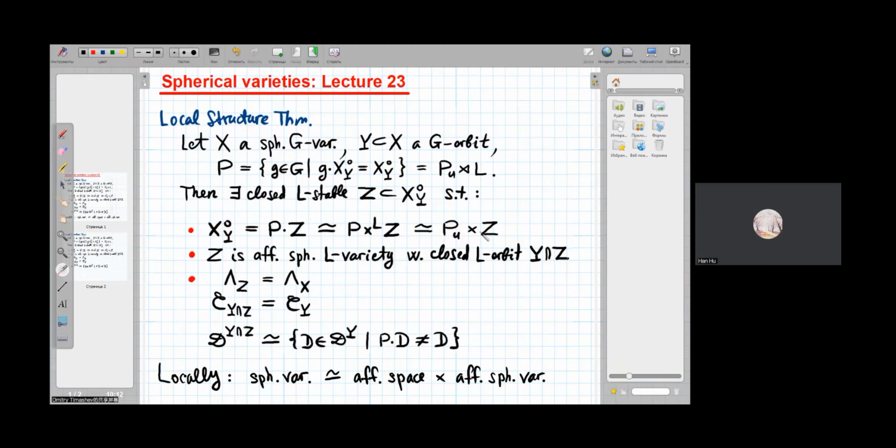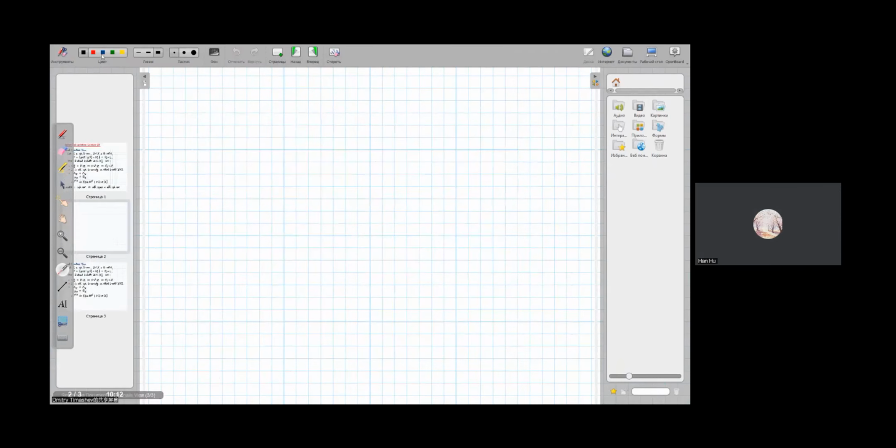Now, let me tell you that there is a subclass of spherical varieties for which the local structure is even nicer. Let me give you a precise definition for this subclass. So definition.